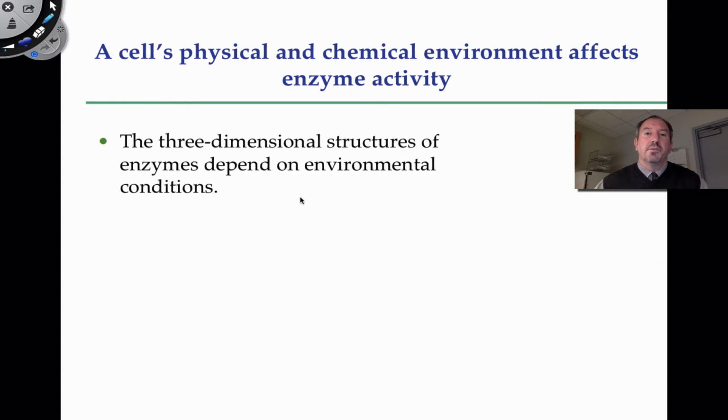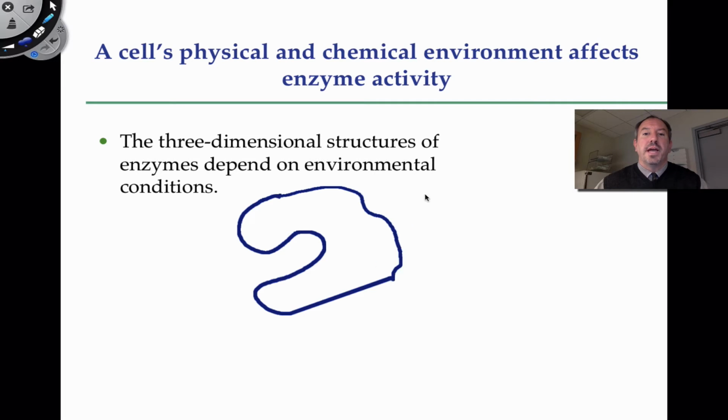What's interesting is the three-dimensional structure of an enzyme is really dependent on its environmental conditions. If there's a lot of hydrogen ions, which is what an acid like HCl is going to be providing, it's going to alter the shape, just as a phosphate would alter the shape if it attached. These hydrogen ions are positively charged, so they influence the shape.